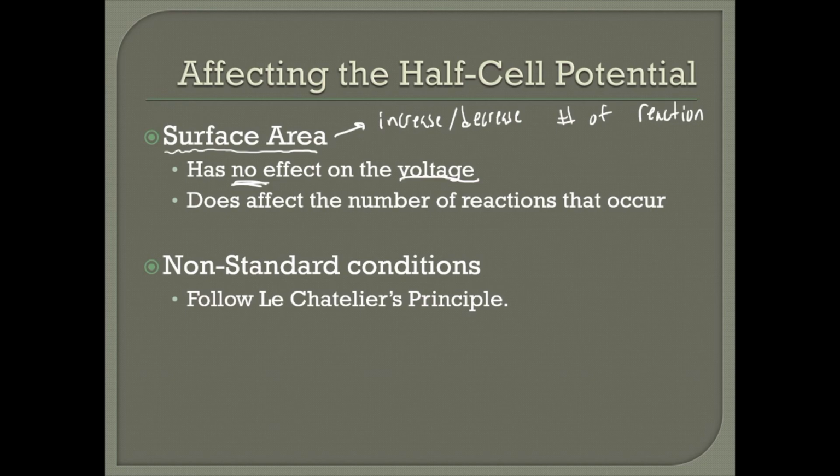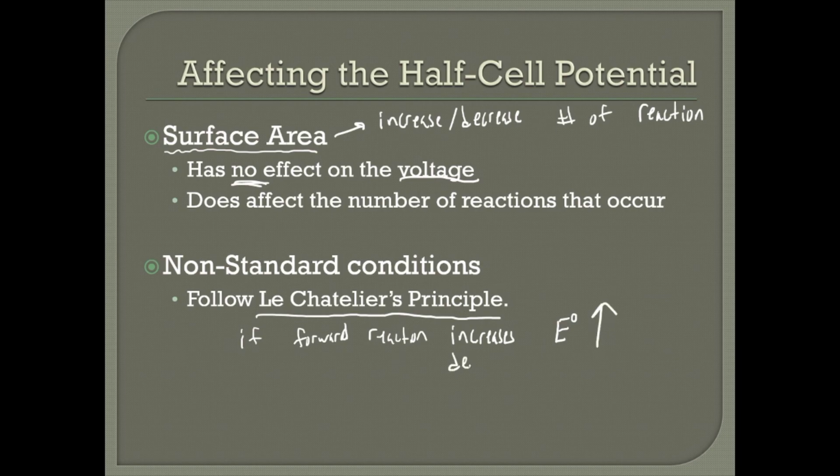Now, if you change the standard conditions, we discussed this earlier, you can just follow Le Chatelier's principle to determine what will happen. A common theme, a generalization, is that if my forward reaction increases, then my potential voltage goes up.